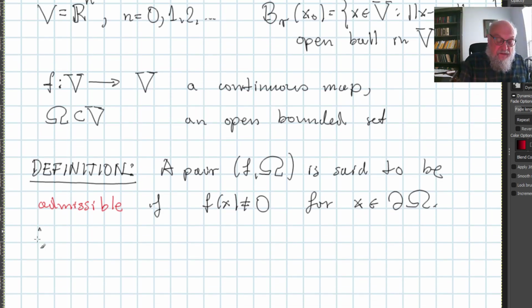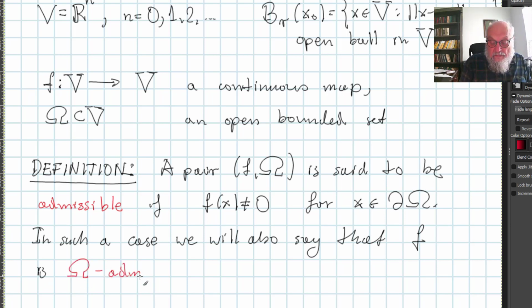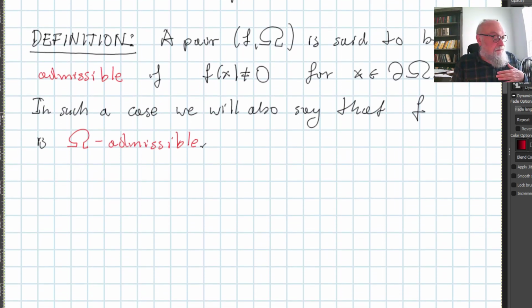So in such a case, we will also say that the map f is omega admissible. Okay, so that's our definition.